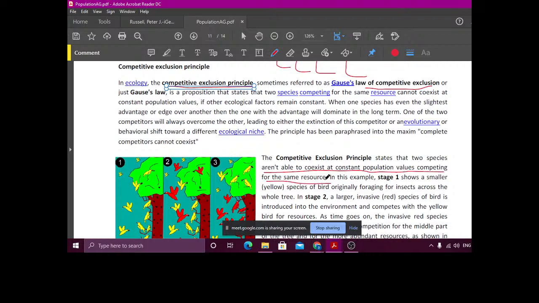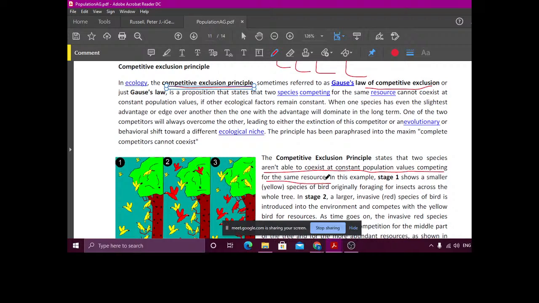For example, lions and tigers cannot live in the same place. In one forest you will never find lions and tigers together, because they are competing for the same resource, that is the deer. This is Gause's competitive exclusion principle.